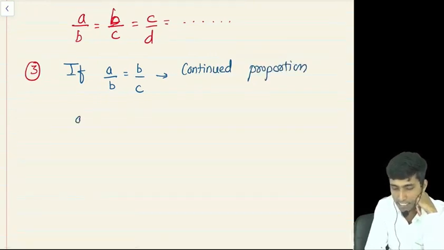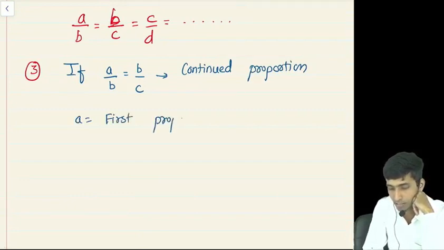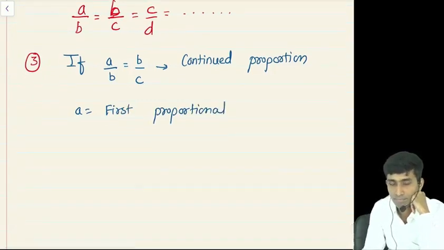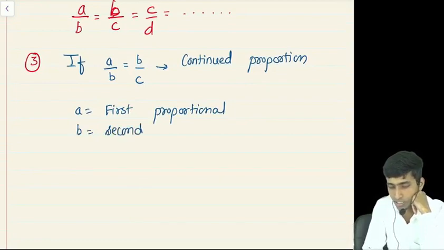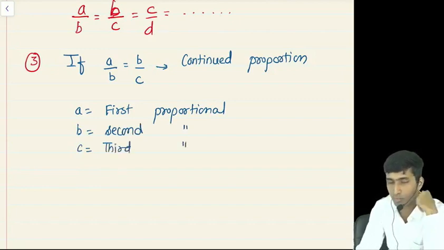Then A is the first proportional, B is the second proportional, C is the third proportional. Copy.